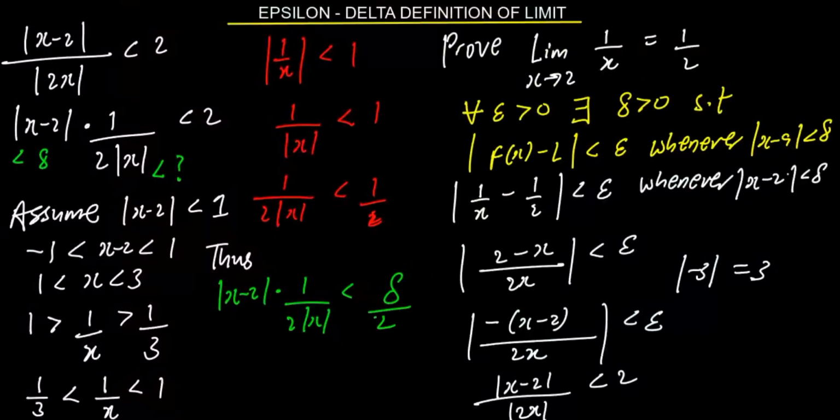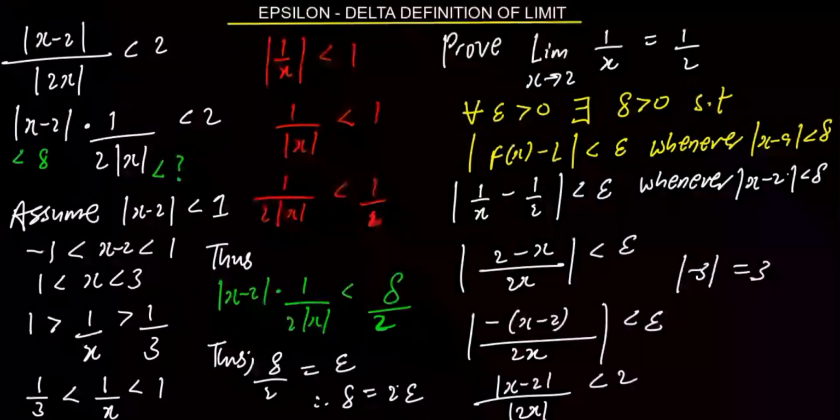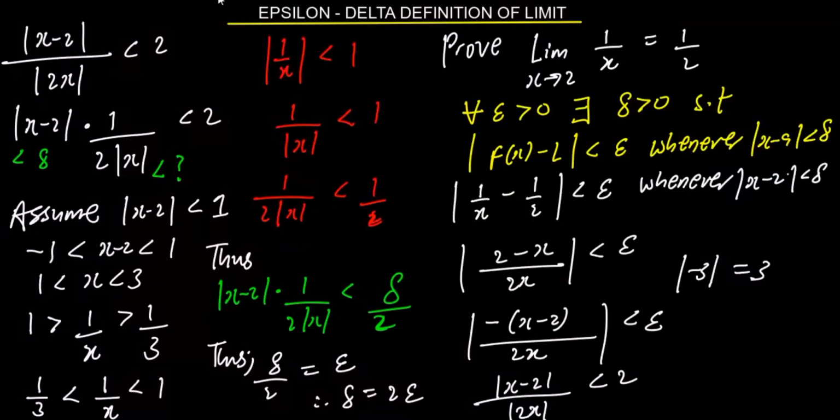Good. So I will now conclude and say thus. Remember everything I have here was once less than what? Epsilon. So I will now say therefore delta over 2 equal to epsilon. So therefore delta will be equal to 2 epsilon. Therefore, I'm done with the proof.